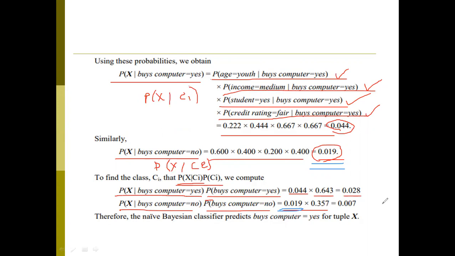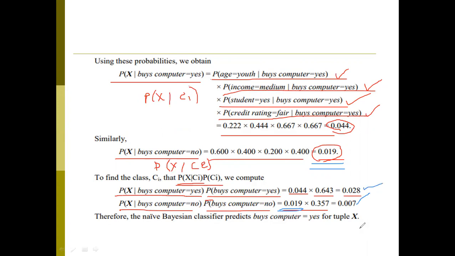Into P of no, already calculated at the start of this example, that is P of C2, 0.357. So this is the answer.